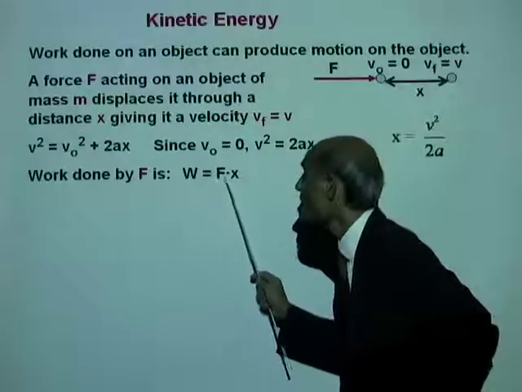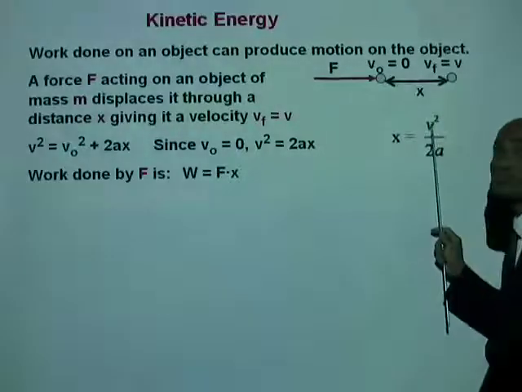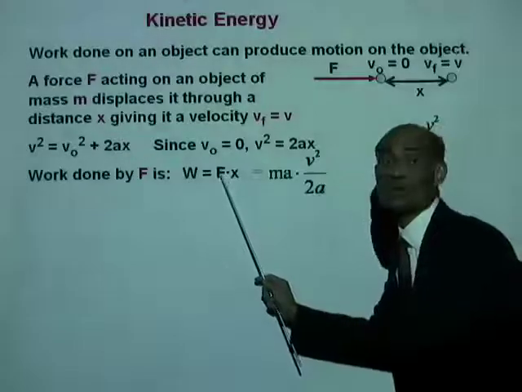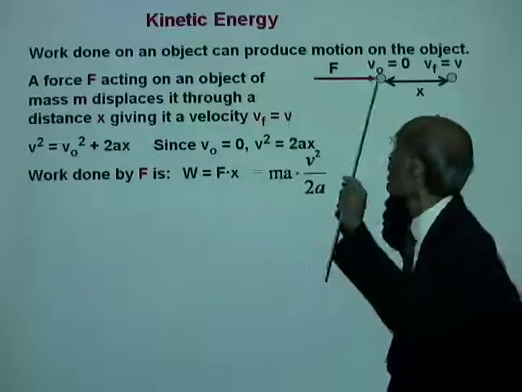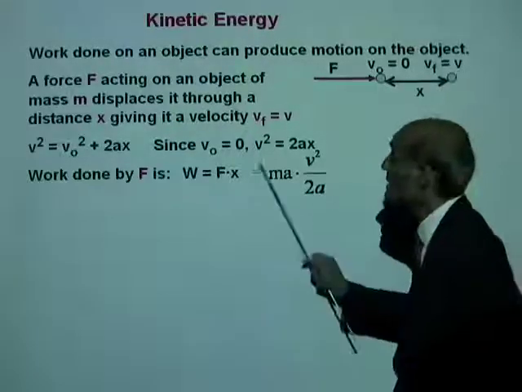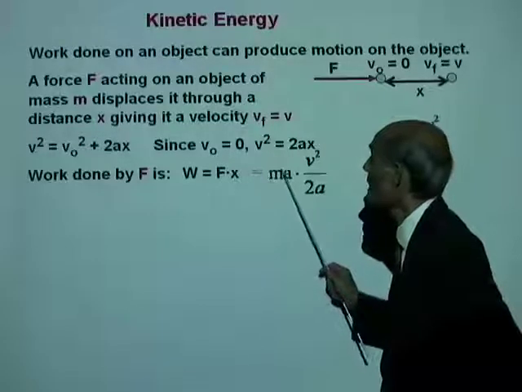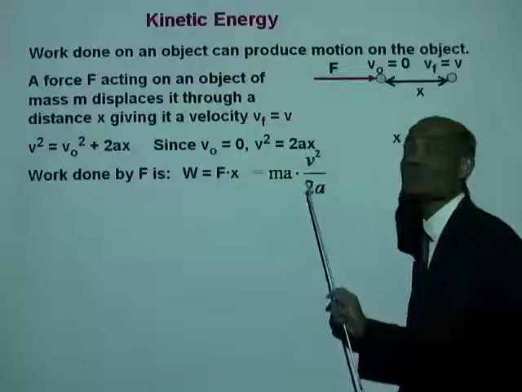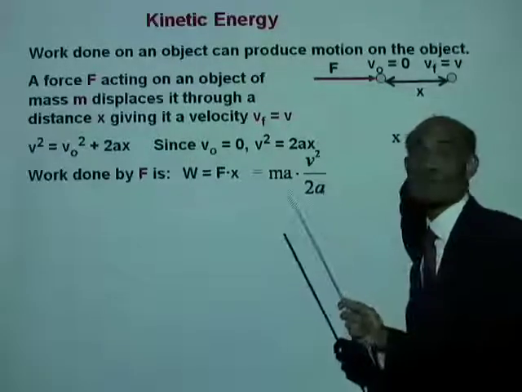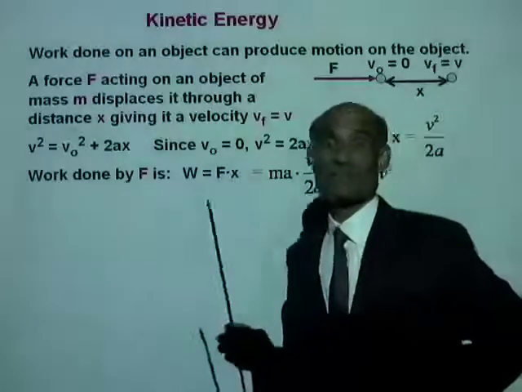So we can say F equal to ma, and x can be replaced by this quantity v squared divided by 2a. So the work done on this object in giving it a velocity v is W equal to F times x. That will be ma times v squared over 2a, and you can see a and a will cancel, and that will be 1/2 mv squared.